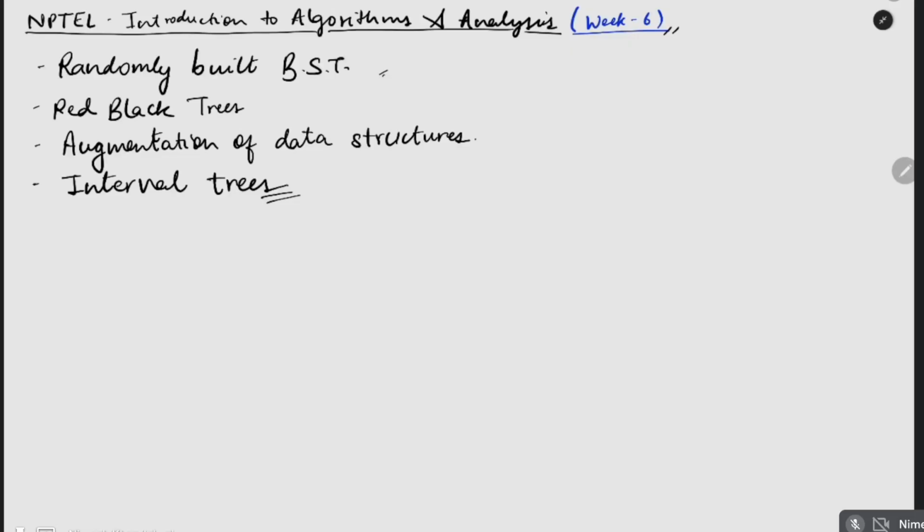So what we are going to do is we are going to take some problems on some of these topics that are helpful for this week's assignment. And while discussing those problems, I will also try to give you a theoretical justification of what we are doing, why we are doing, and so on.